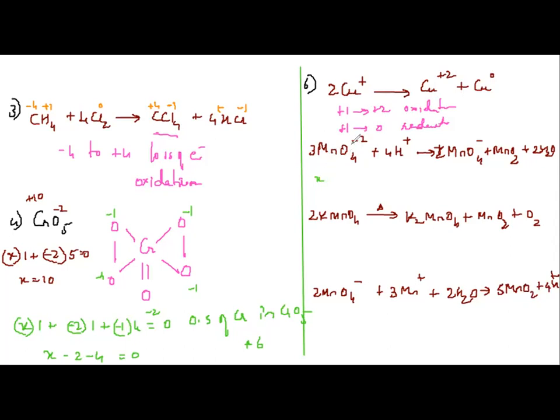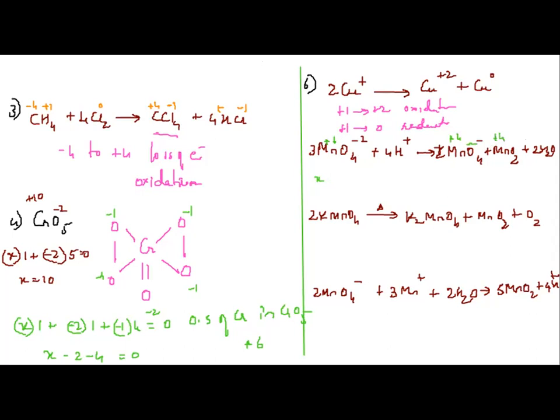With the charge of minus 2, minus 2 minus 8 gives plus 6. Then 4H+ has plus 1 charge. MnO4- with 4 oxygens, minus 4, becomes plus 4. And in MnO2, oxygen is minus 2 each, so it is again plus 4 here.